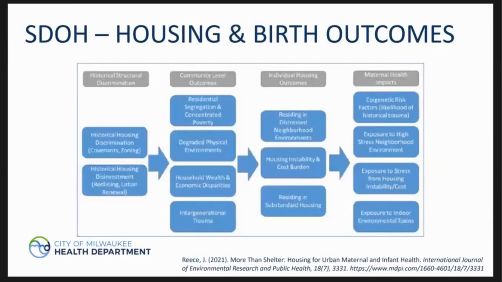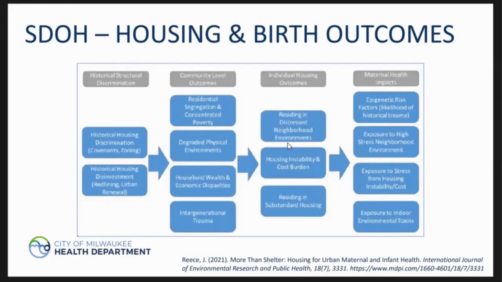I should be able to send out these slides afterwards if you want to actually be able to read this a little bit better. This is a logic model showing on the far left sources of historical discrimination. They lead into these community level outcomes like residential segregation, concentrated poverty, degraded physical environments in your cities and neighborhoods, the wealth disparities that exist, even intergenerational trauma.